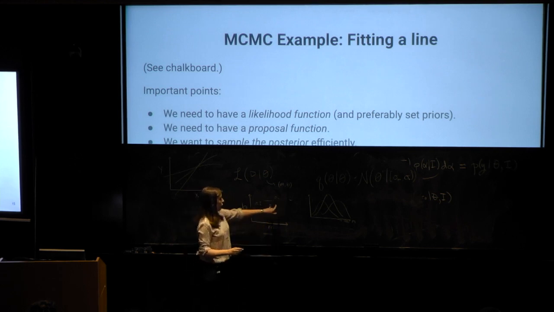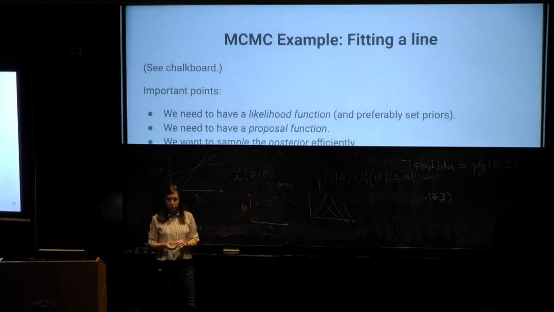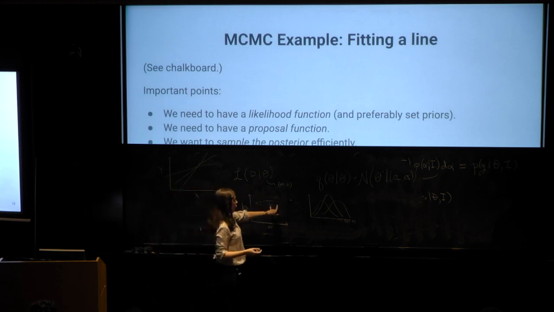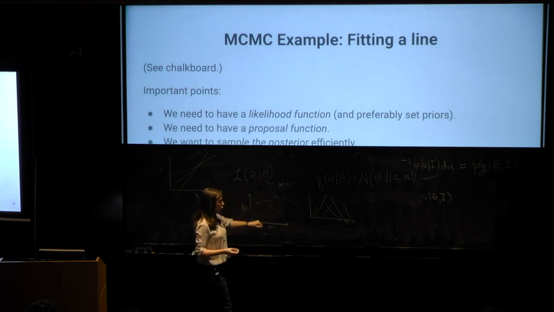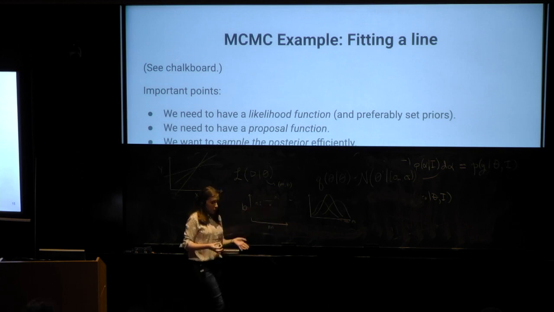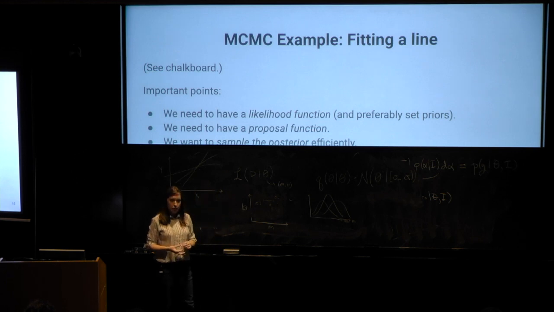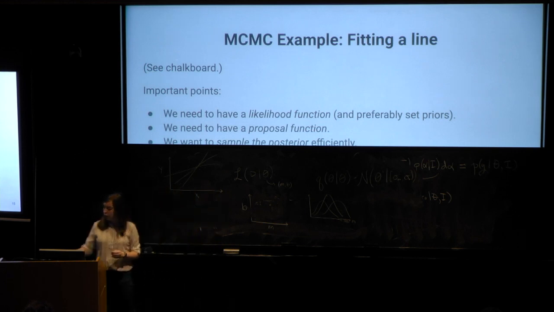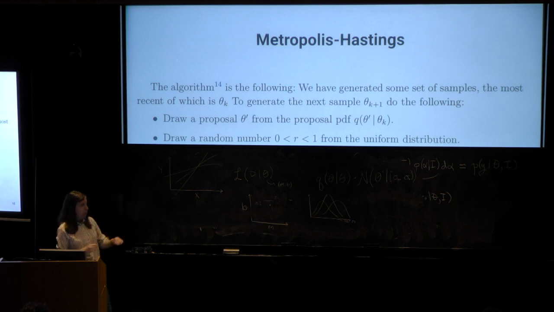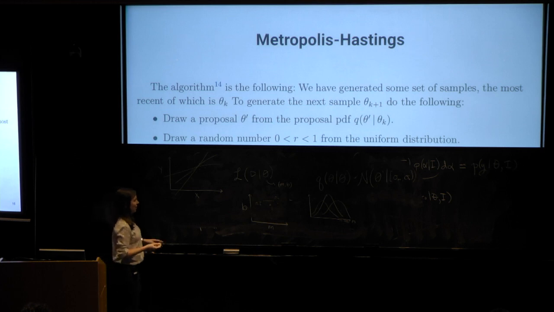So I'm going to go in here. I'm going to evaluate the likelihood at both of these points, and I'm going to use the ratio of the likelihoods between the 2 points to determine whether or not this is a good sample that I want to keep in the chain. So what I'm describing here is the Metropolis-Hastings algorithm that you were looking at yesterday. And just to put that up on the board, you can look at the side screens to actually see it.